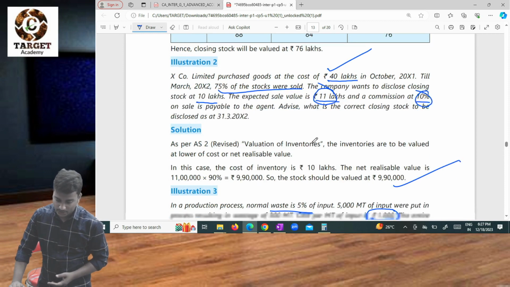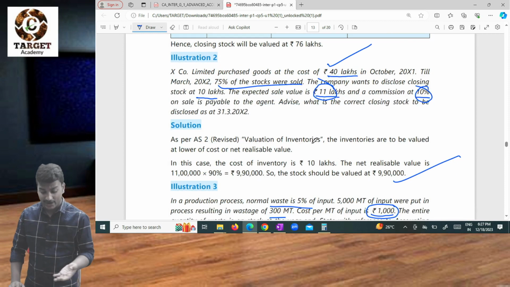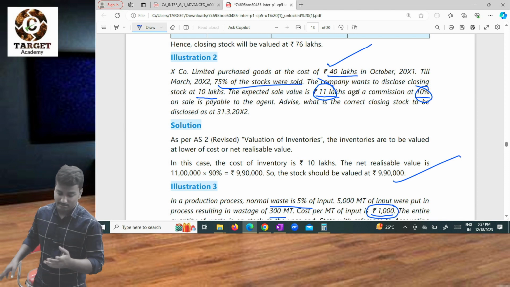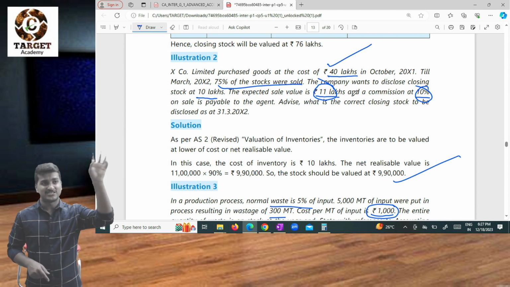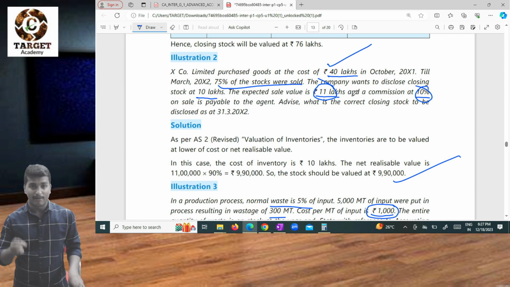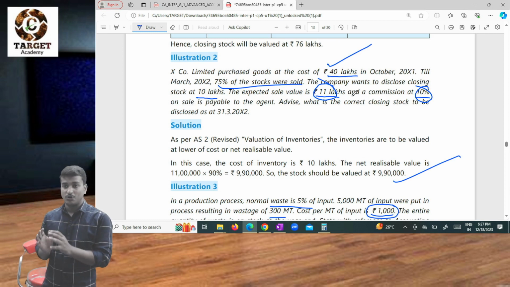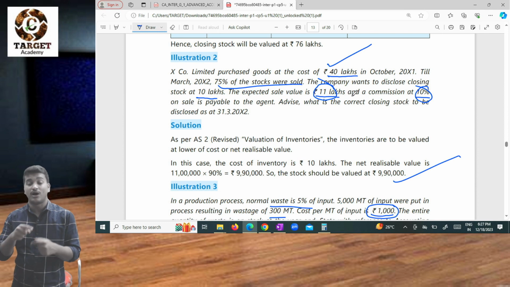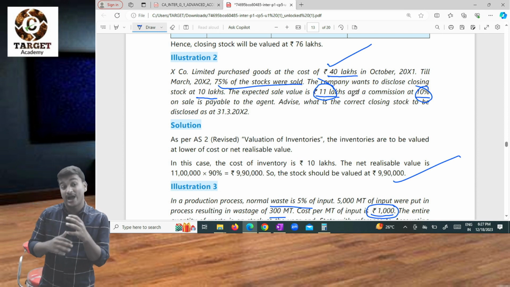Illustration number 2, in today's class also we have covered this problem. The summary of this question is, we purchased goods worth 40 lakhs, out of which 75% was sold, so the balance is 25%. They want to value it at 10 lakhs, but that is not right. How do they have to value it, sir?